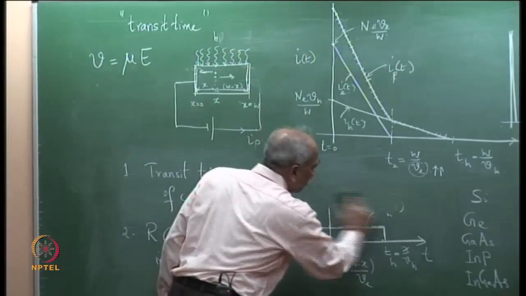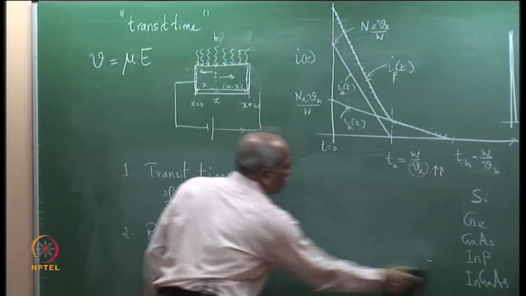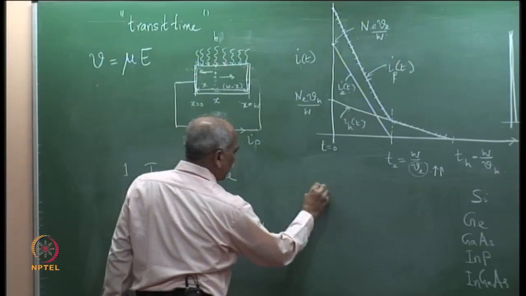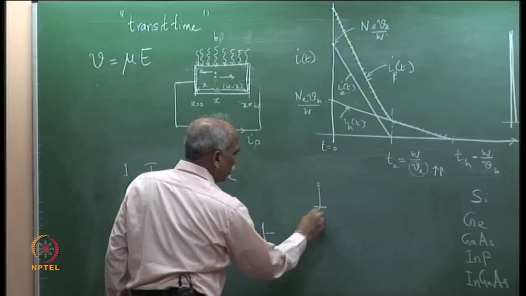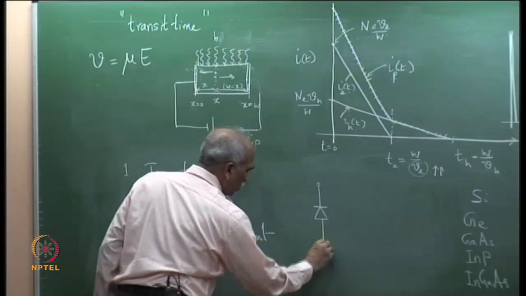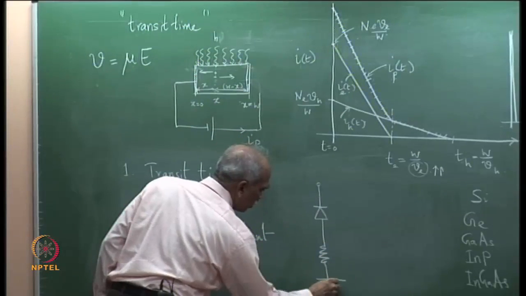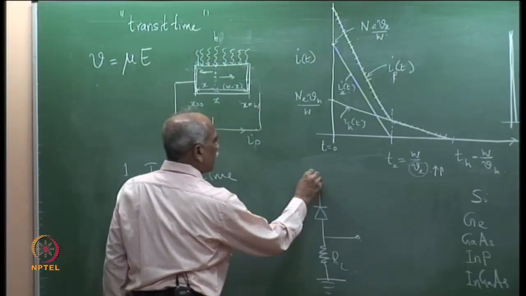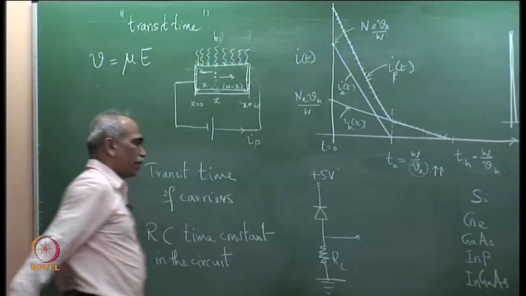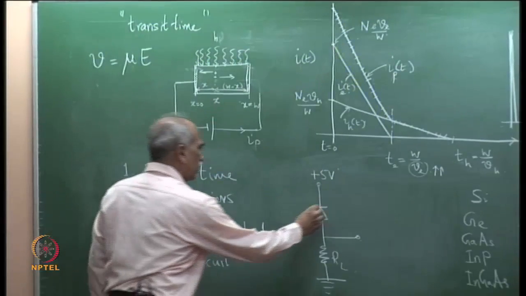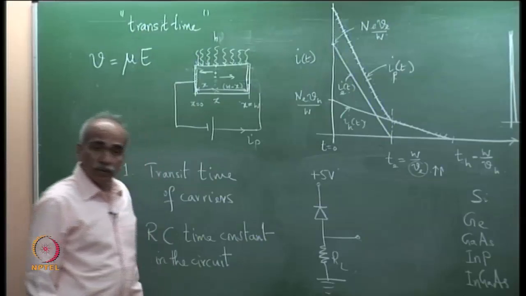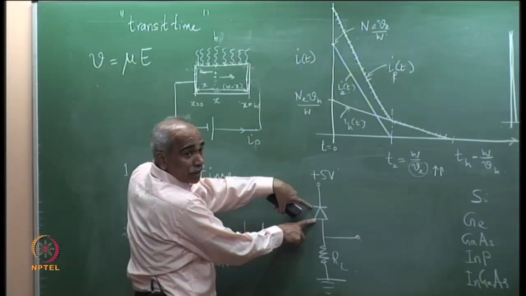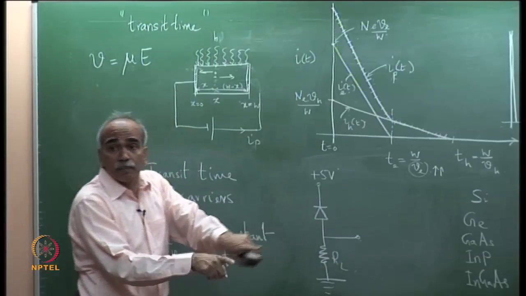For example, if I take the standard detector circuit, let us take a PIN diode here. This is the output, this is the RL, and here is plus 5 volt. We reverse bias it for getting a good drift current, drift velocity. Now, there is a load resistance and there is a junction, a reverse bias diode. So, there is a junction capacitance.